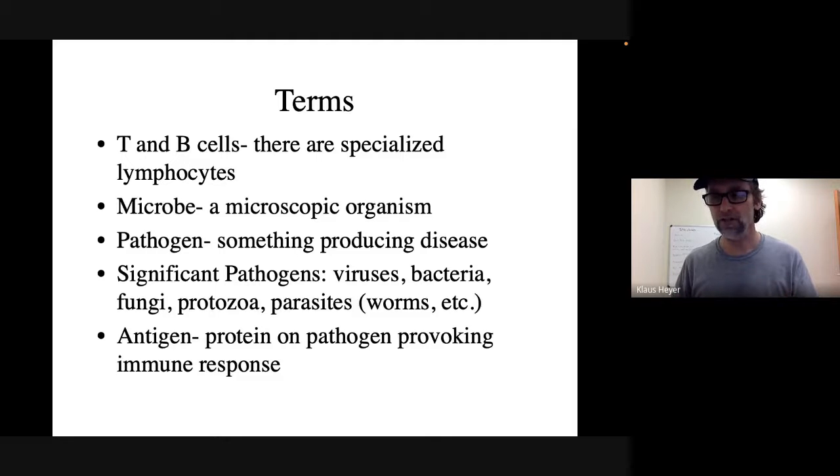Something like thrush is an example of a fungal infection. They're kind of opportunistic. Thrush, ringworm, athlete's foot, we've probably heard of those. Those are fungal infections. Protozoa: we don't really get, well, I think chlamydia is protozoa. But malaria is a big protozoan infection that you would get.